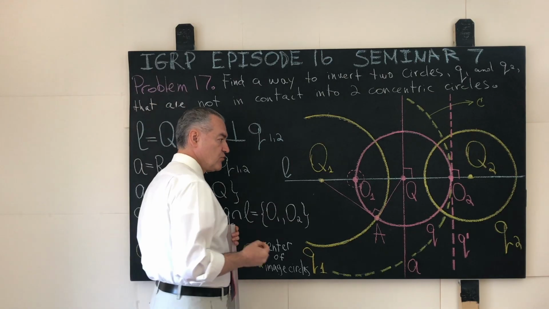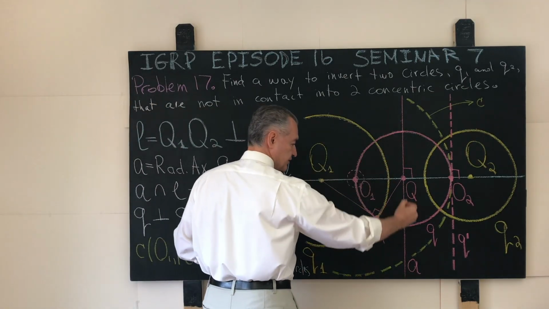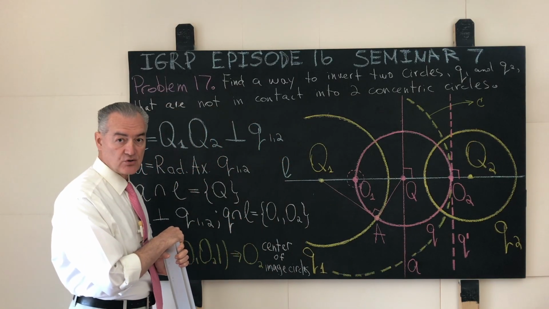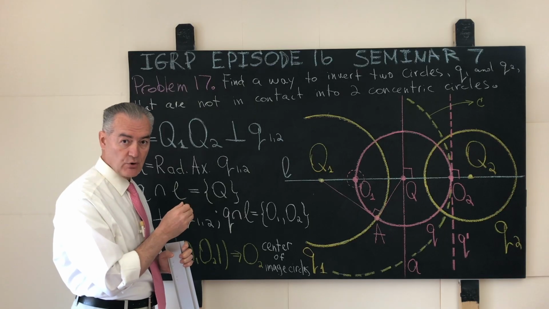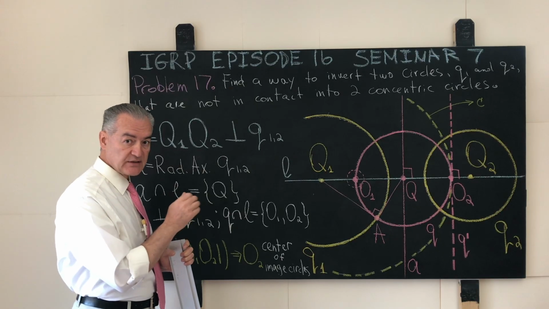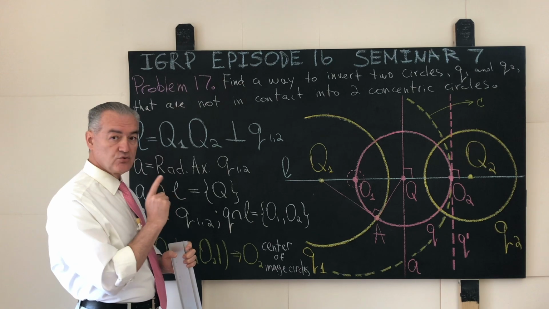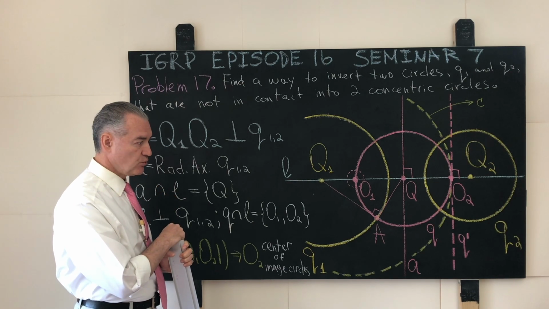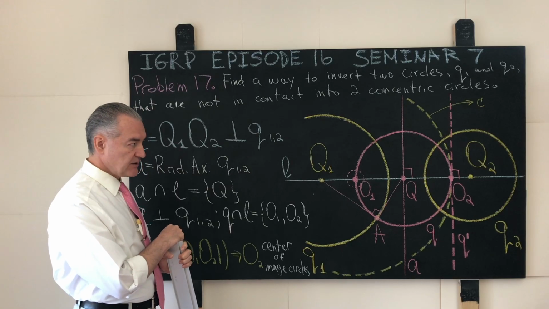Now, like I said before, the radical axis represents uncountably infinitely many candidates to play the role of the center of the circle that will be orthogonal to both. But out of these uncountably infinitely many, we need to choose one, and we need to choose that one point, one center, wisely. Why is that?